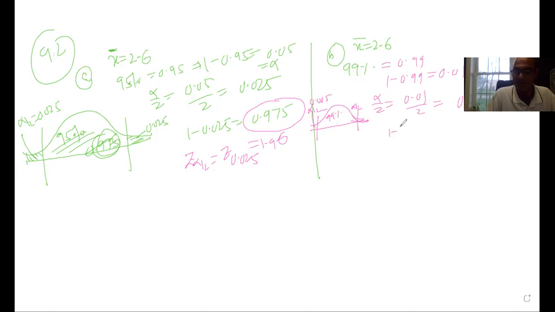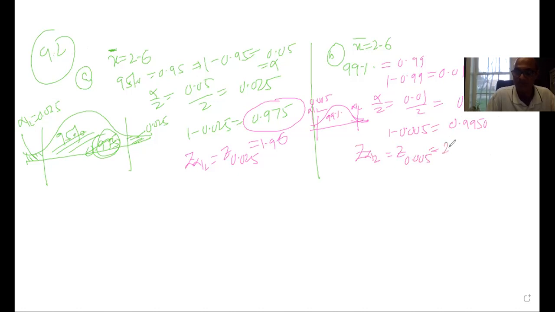And 1 minus 0.005 is 0.995, and that's what we figured out, right? 0.995 and 0.99995.